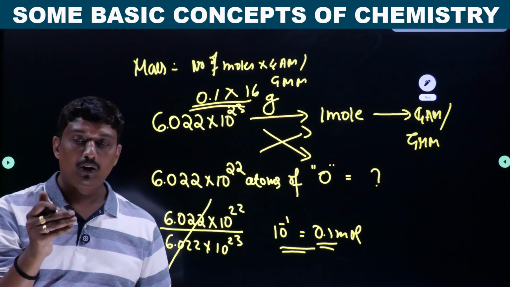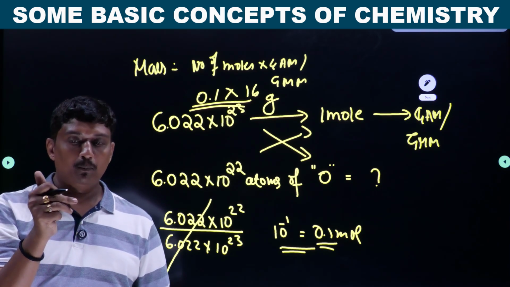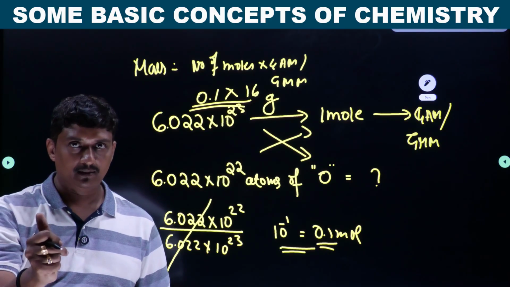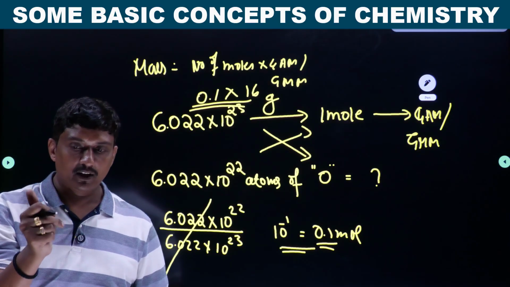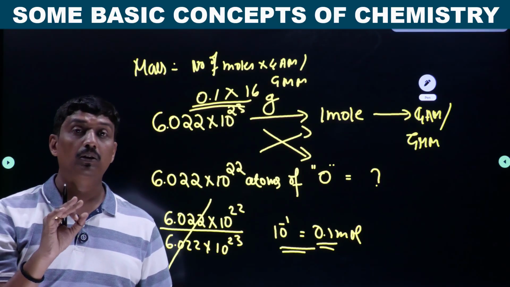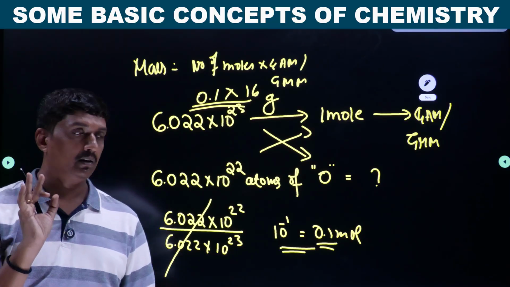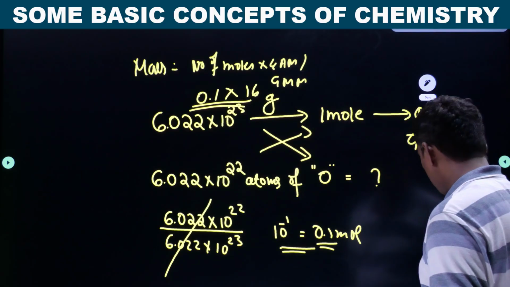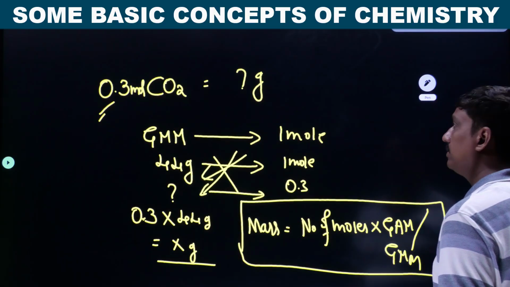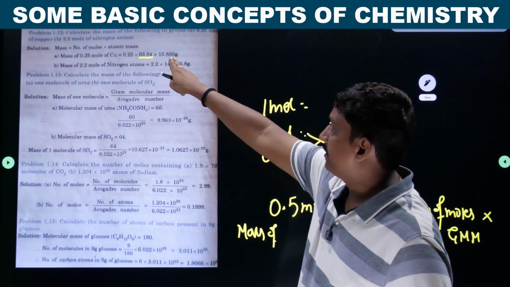So this is how we can convert moles into mass, number of particles into moles, and further moles into mass. These are all interconversions. So you should learn this properly. I hope this is clear. Okay, so this is one example.